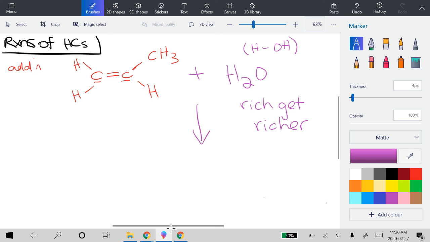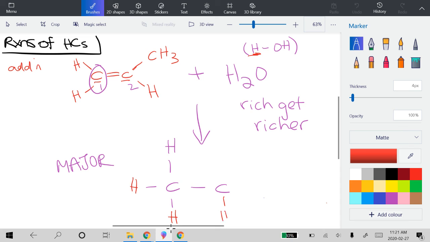So my major product will be adding the H to carbon 1, because carbon 1 has two H's already, which is richer than carbon 2 only having one H. So there's that H that I'll add to the two H's that existed there already. And that H is from that water molecule.